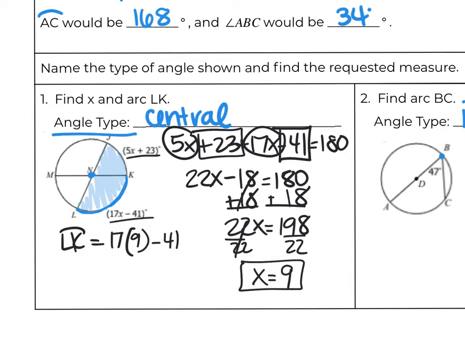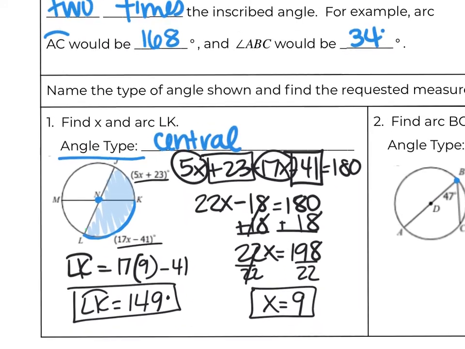And I know it should be less than what number? 180, because it's less than half. 149. You guys agree with 149? Okay, and it is an arc, so I can still label it as degrees. Arcs and angles get degrees.